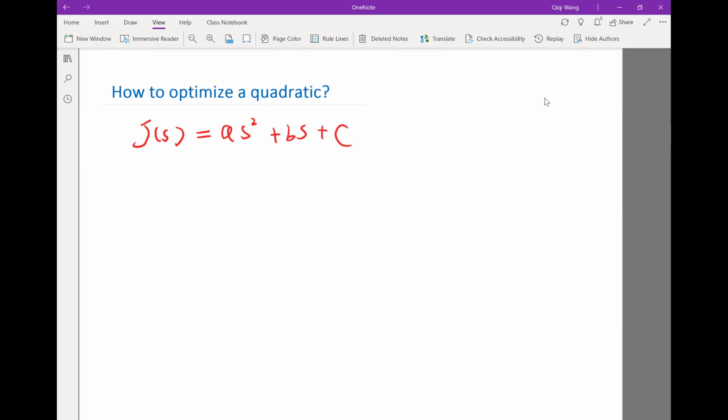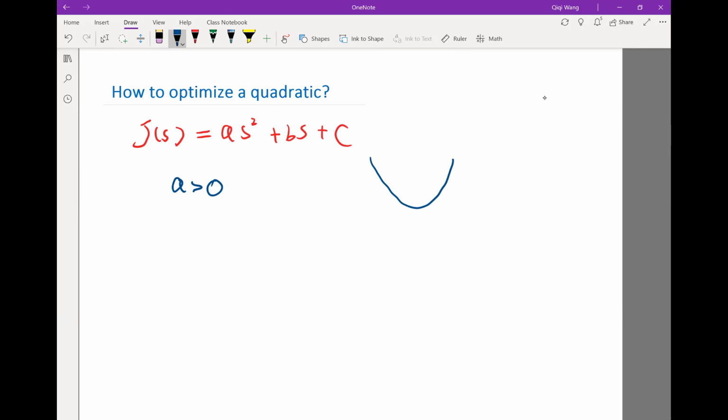Well, in the case of a quadratic, it's actually pretty simple. There are two cases. If a is positive, we know that the quadratic looks something like this, right? It increases to infinity as s approaches either plus or minus infinity, and it has a minimum.